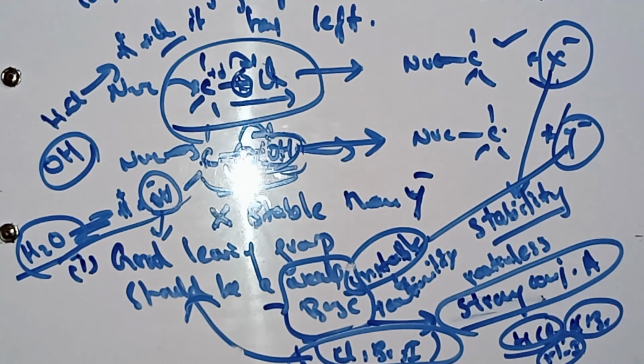Those leaving groups will be good that are weak bases, and those leaving groups will be strong that have a high electron-withdrawing power, meaning more electronegative, while good leaving groups are also those that can give stability to the transition state.